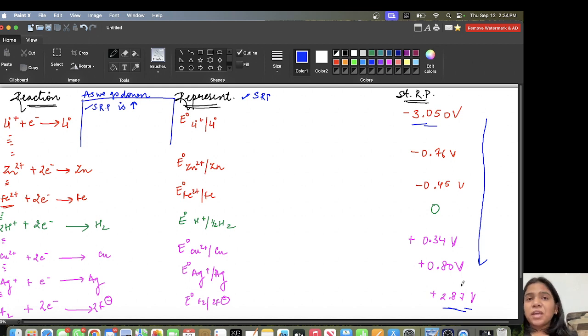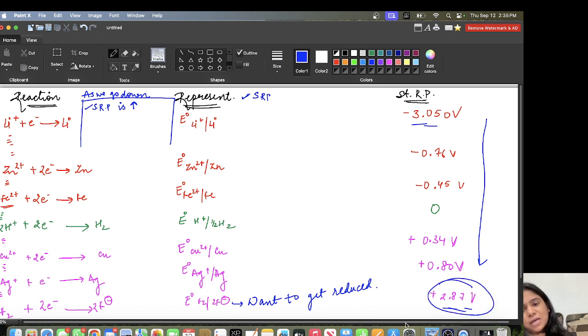So what does it mean? Whatever is present at the lower end wants to get reduced, right? That's why the reduction potential value is increasing. They want to get reduced fast, because their standard reduction potential value is higher.